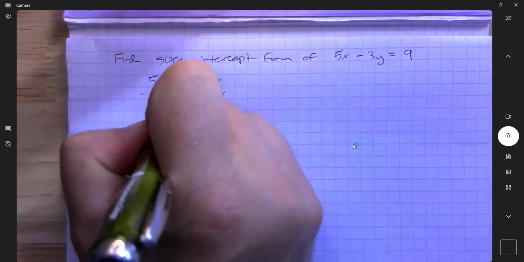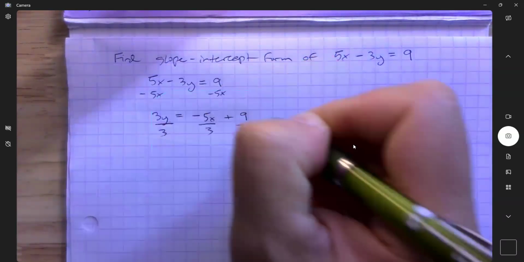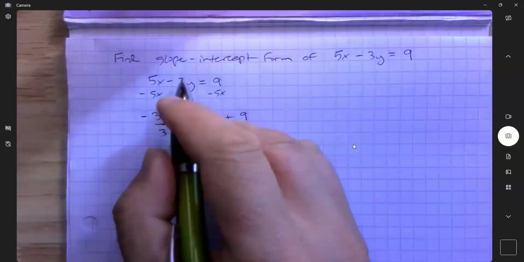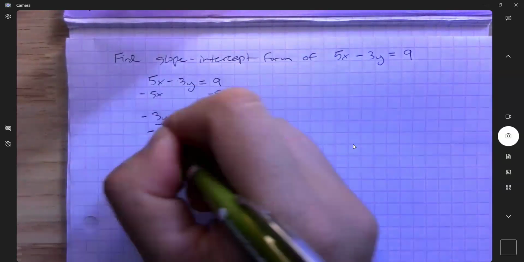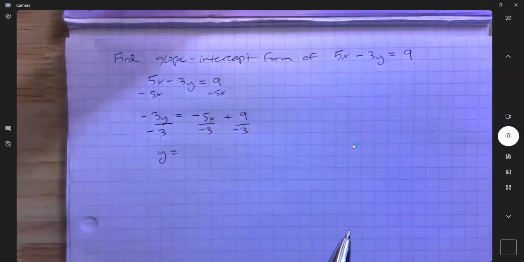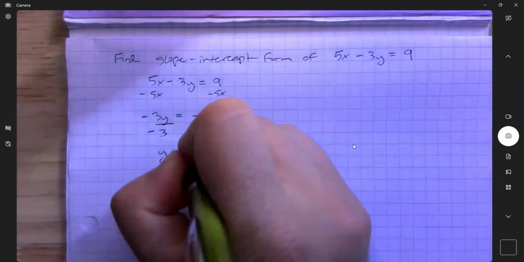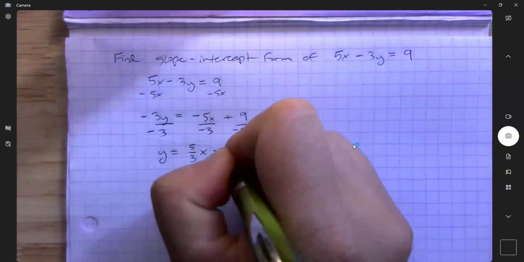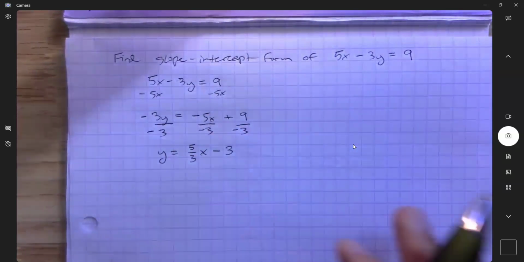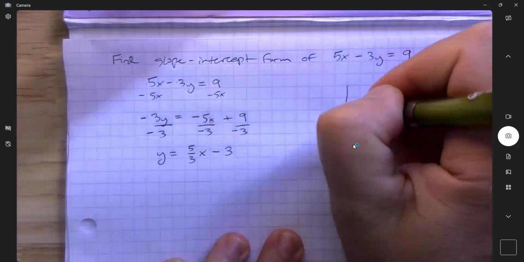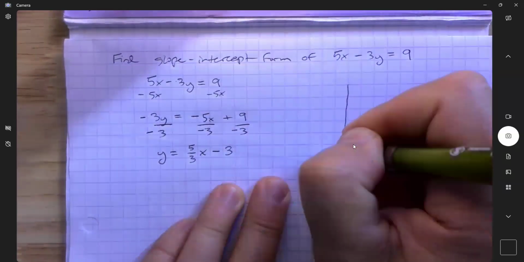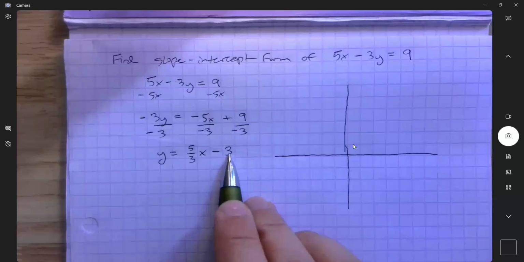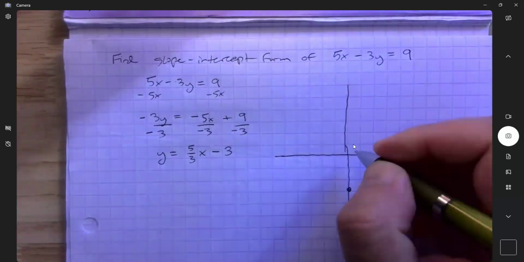And then I'll divide both sides by negative 3, and I'm going to divide them individually. Minus 5 divided by minus 3 is 5/3 x, and 9 divided by negative 3 is negative 3. So now I have slope-intercept form. That tells me that the slope is 5/3, and the intercept is negative 3, so it's here at negative 3.